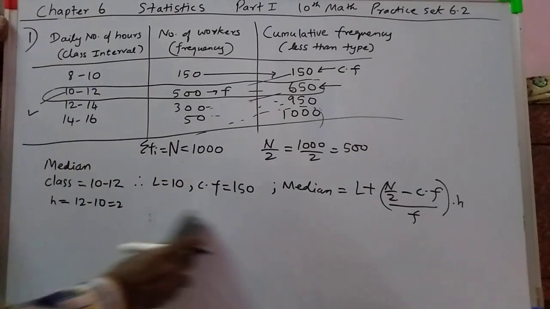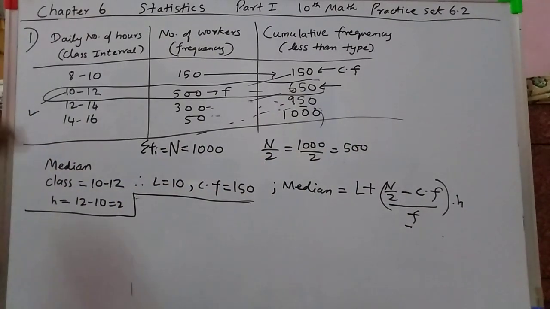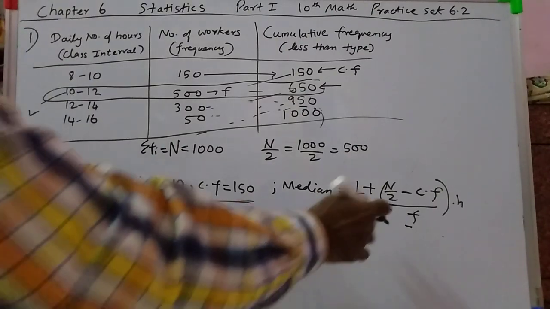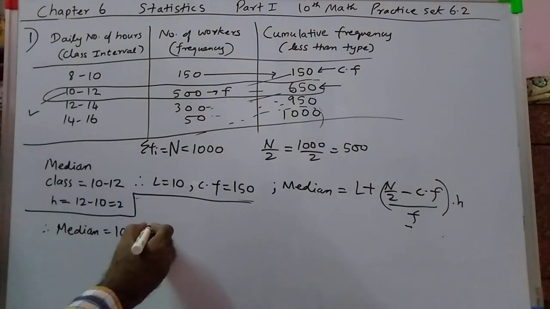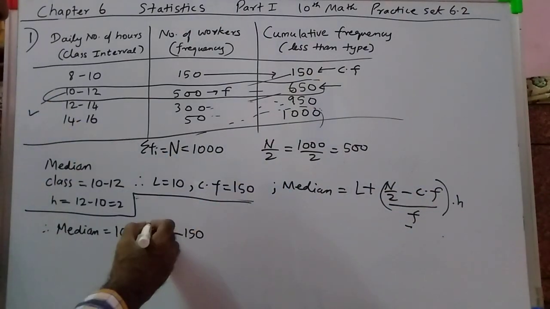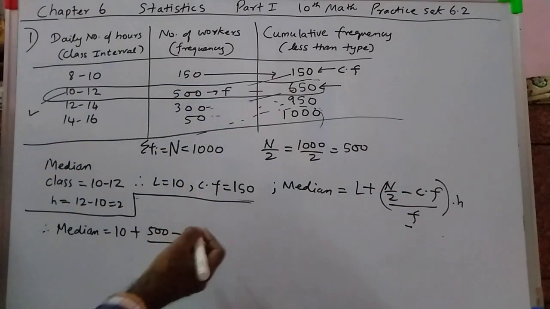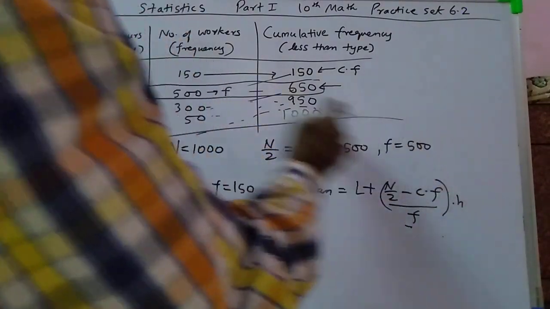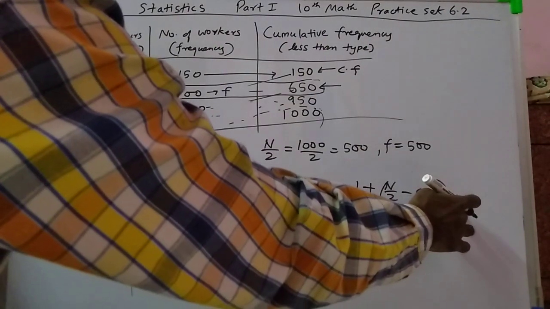Okay, I have to just put it there. So therefore, median is equal to L is 10, n by 2 is 500, Cf is 150, divided by F is 500, H is 2.